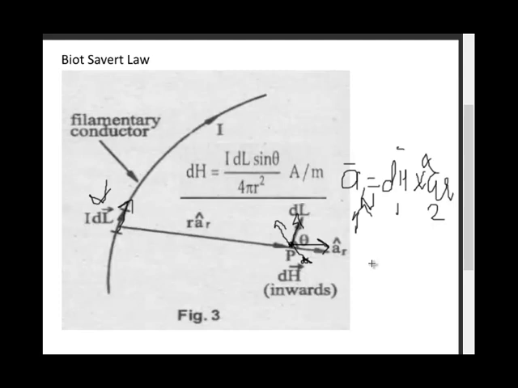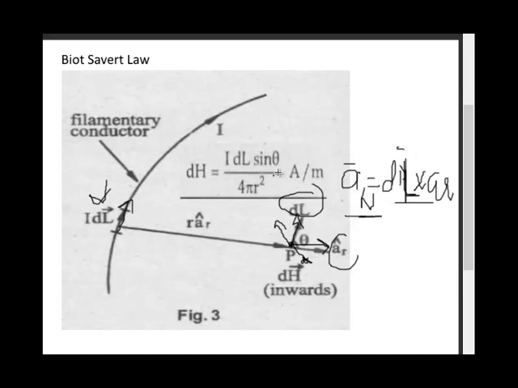If you tilt your fingers from dl to ar, the thumb will show the direction of an. So in this formula, if you want to express the direction, we just multiply with a unit vector an, and an is dl cross ar, the direction of dH.